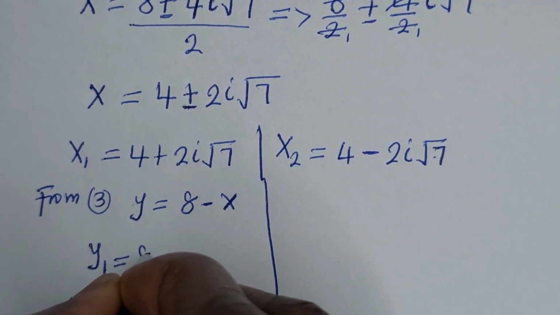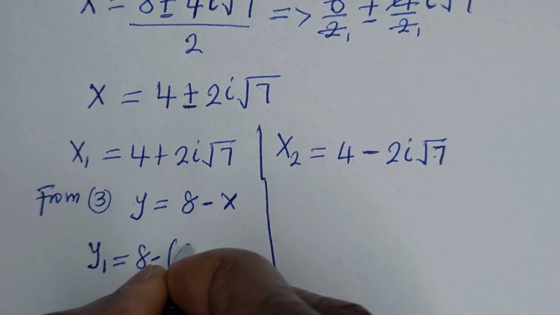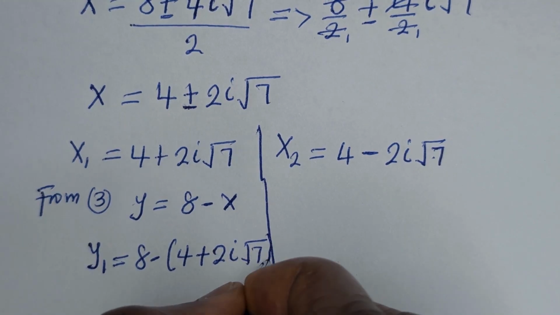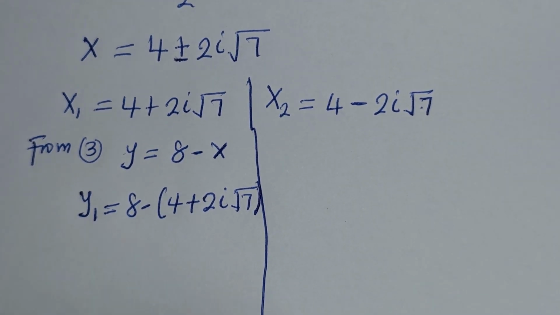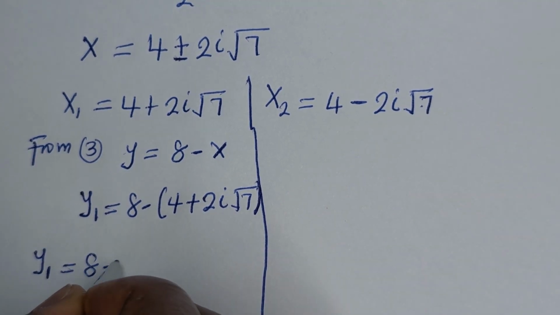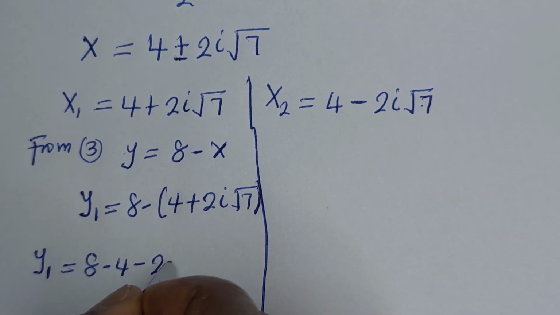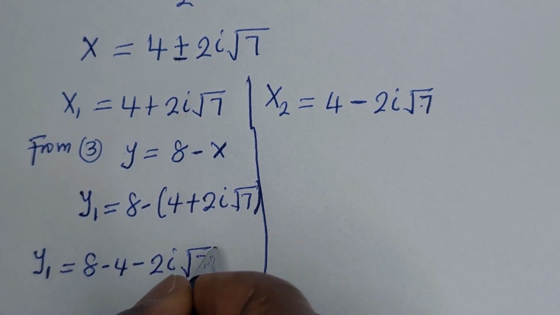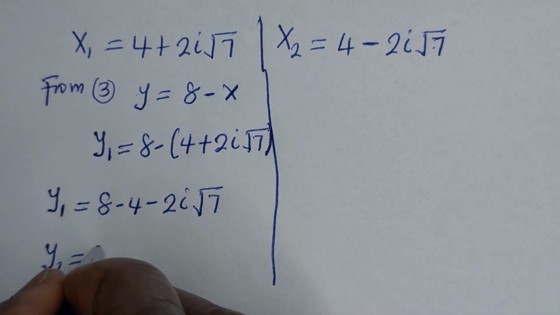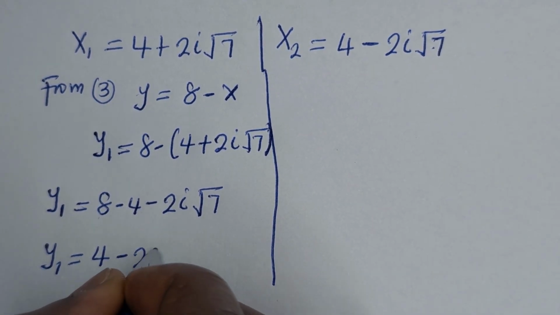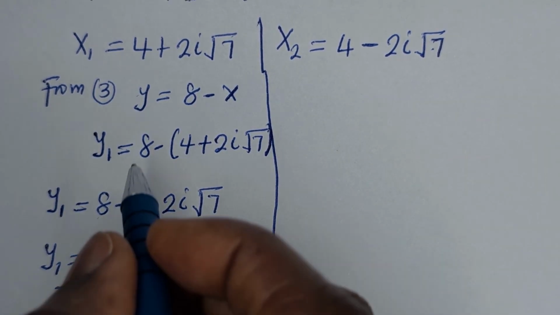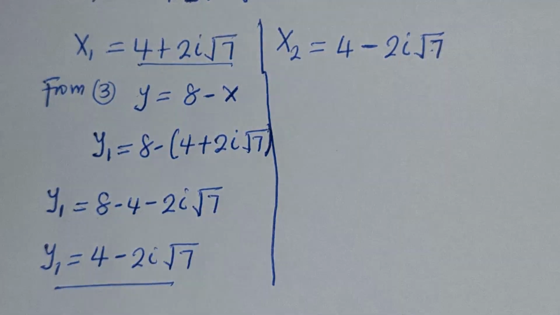y1 is equal to 8 minus s1, which is 4 plus 2i root 7. Then y1 is equal to 8 minus 4 minus 2i square root of 7. y1 is equal to 8 minus 4, this is 4 minus 2i root 7. So this is the value of y1, and this is the value of s1.